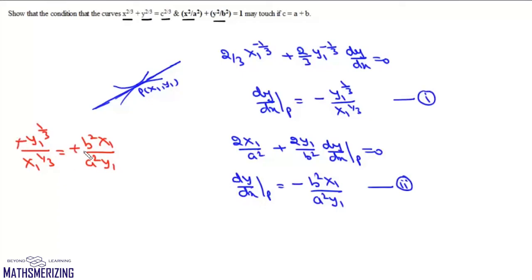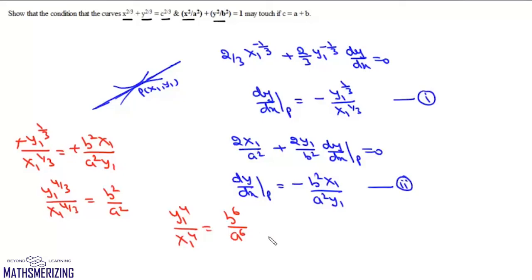Now this minus and minus will cancel. We can write y1 to the power 4 by 3 upon x1 to the power 4 by 3 is equal to b square upon a square. Now if we take cube, we can write y1 to the power 4 upon x1 to the power 4 will be equal to b to the power 6 upon a to the power 6.